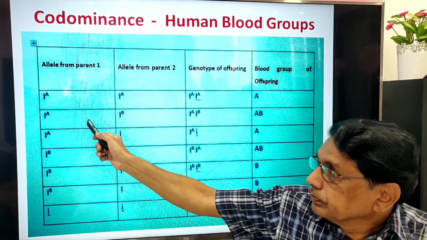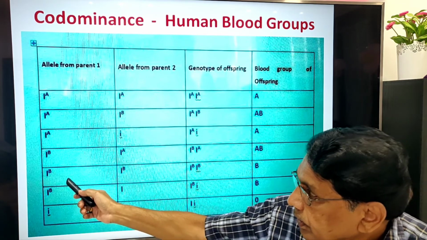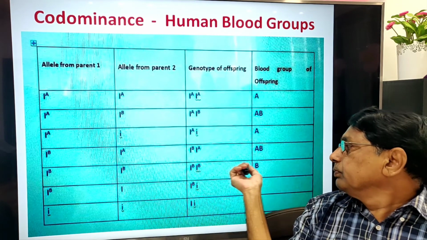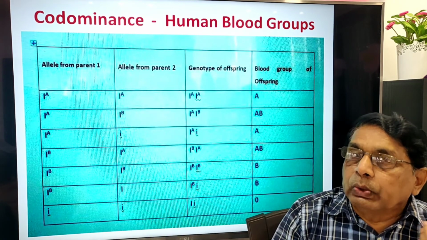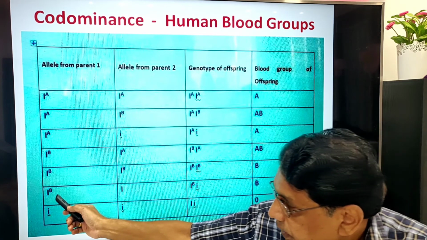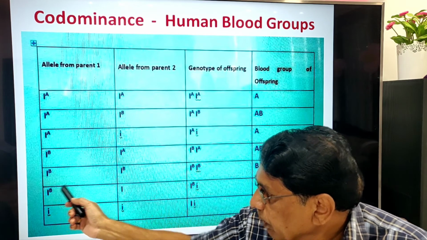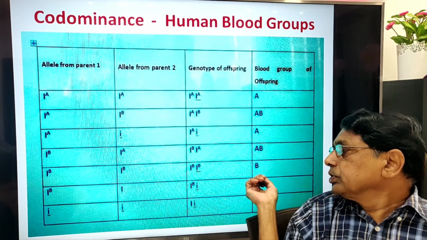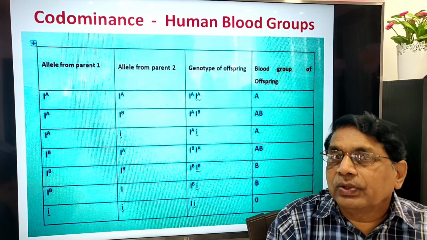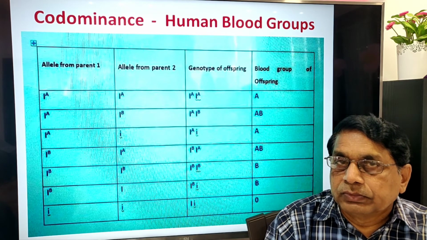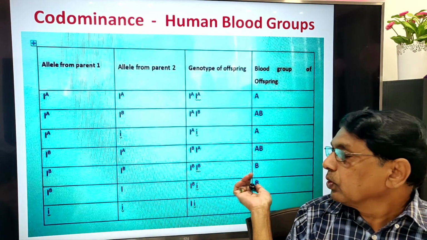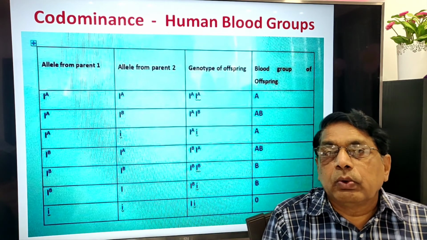Reverse to this. Then father B group, mother also B group, children will be B group. Then father B group, mother O group, children will be B group. It is not difficult to understand. Then father O group, mother also O group, all the children will be O group.